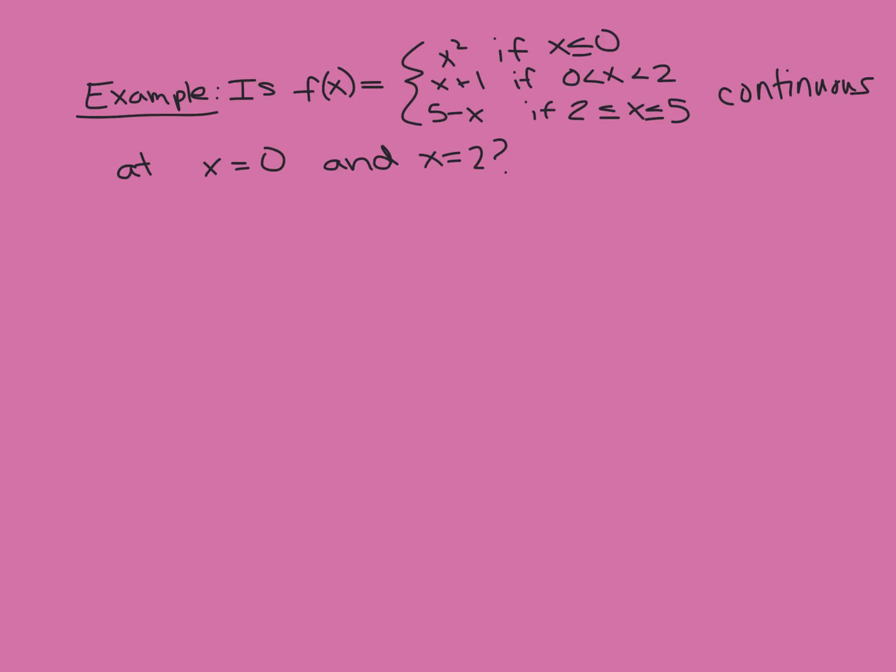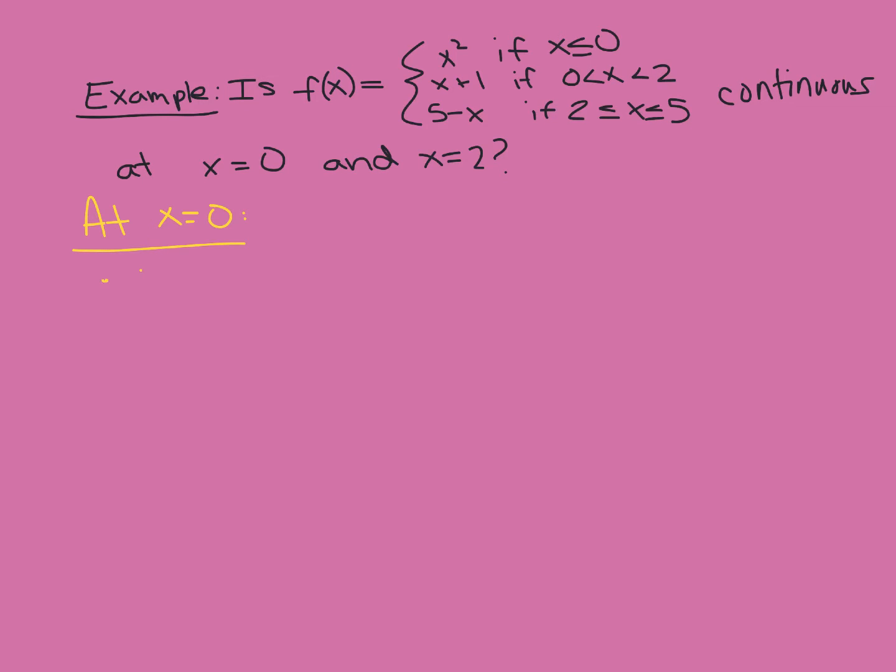Continuity is a really abstract concept, so I think the best way to illustrate this is by giving an example. We want to know if this function is continuous at x equals 0 and at x equals 2. We're going to do both of those separately. So let's start with x equals 0. In order to figure out if it's continuous at that value, I want you to see if you can on your own find three things.